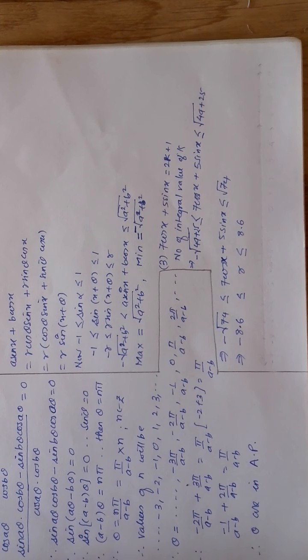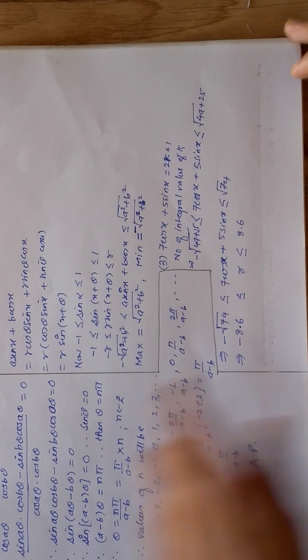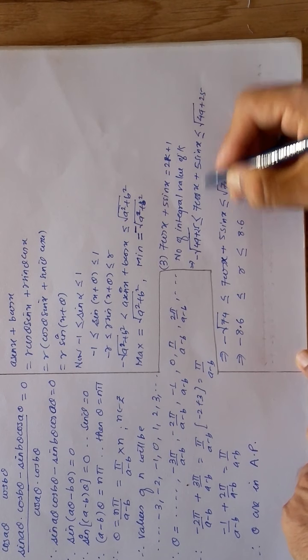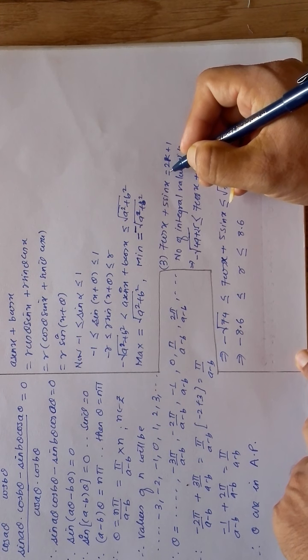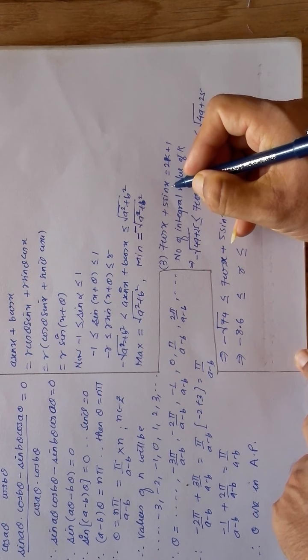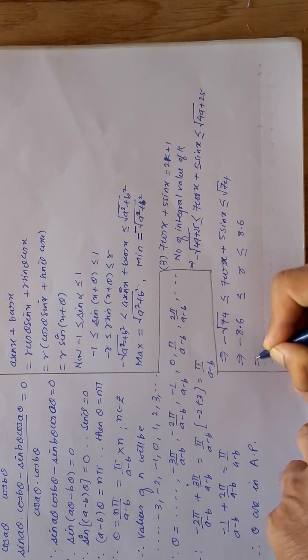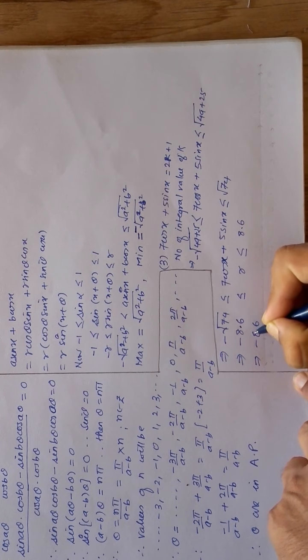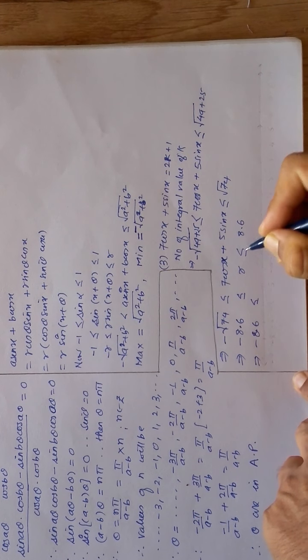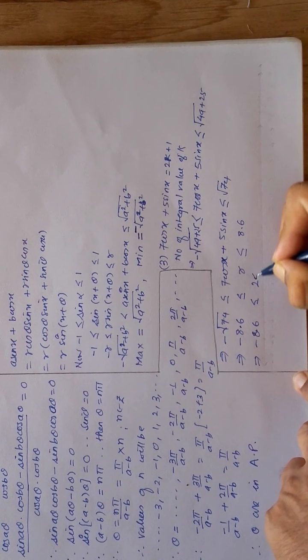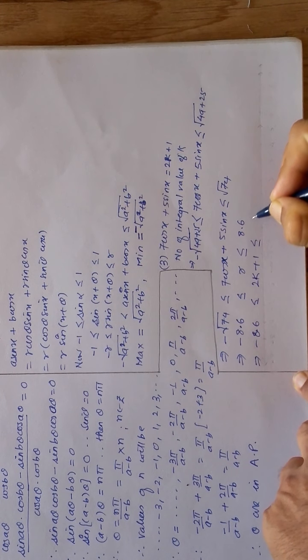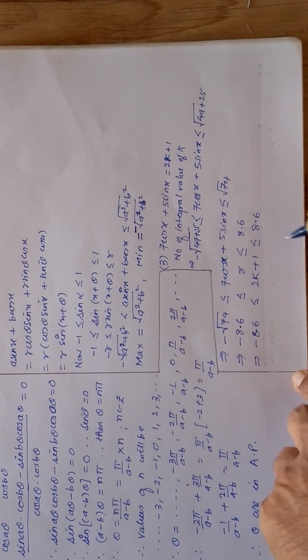I had drawn a number line earlier, but later I saw that the question over here is not this one. It is 7 cos x plus 5 sin x equal to 2k plus 1, so I did not write that. So it is around minus 8.6, less than or equal to 2k plus 1, which is less than or equal to 8.6.